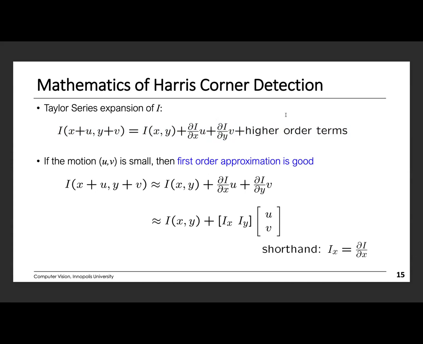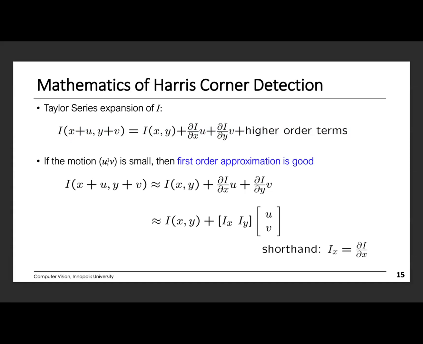But the bigger the u and v get, the more higher order terms we would need to include in order to be more accurate. Or you would need to use a bigger Sobel filter to do that, right?